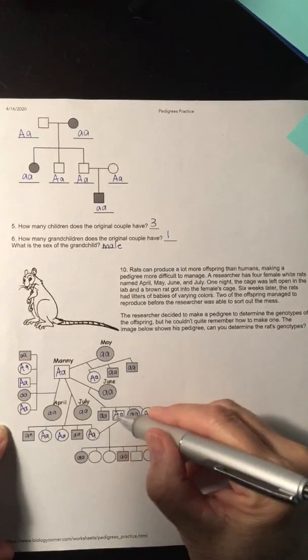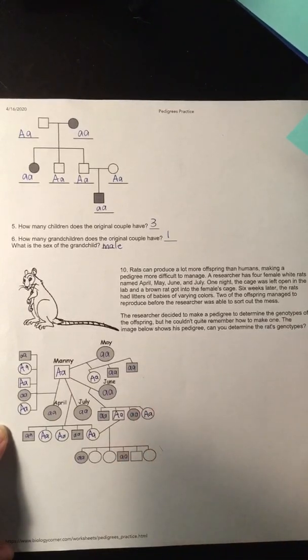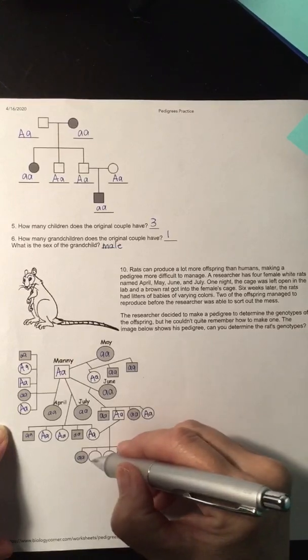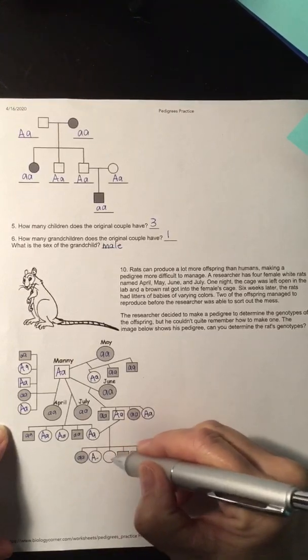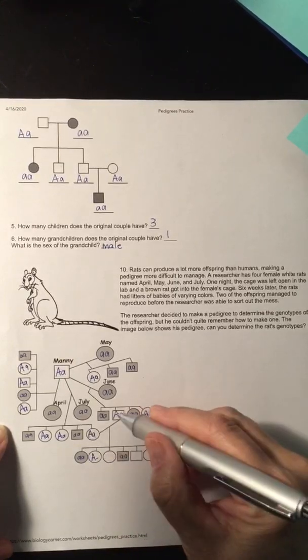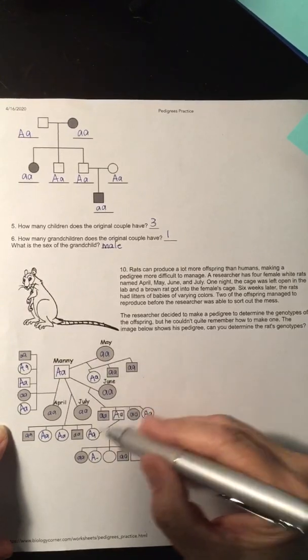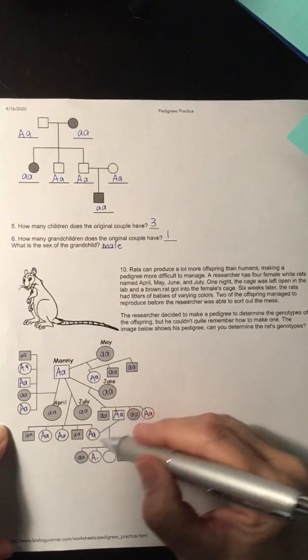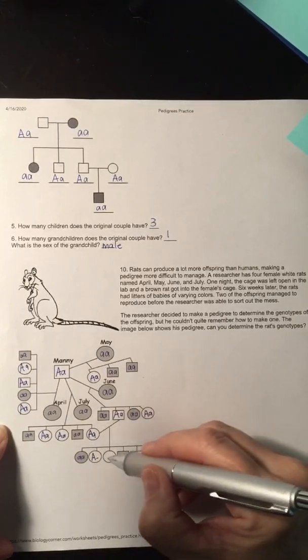All right, so these two did the rat thing. And we don't know the genotypes of these babies, right? They could be big A, big A, one from mom and one from dad. They could be big A, little a, either way, again getting the alleles from mom and dad.